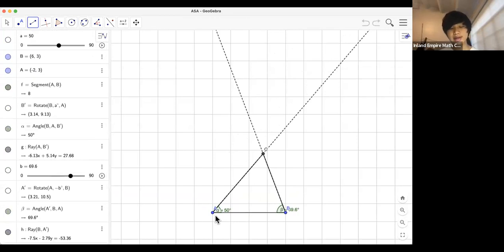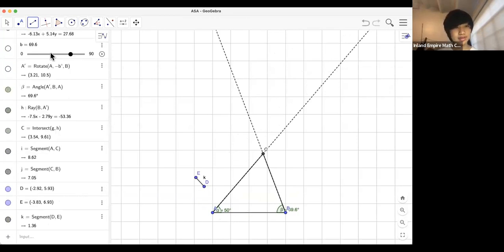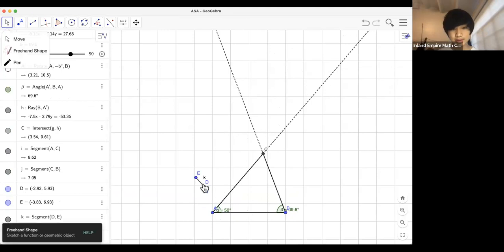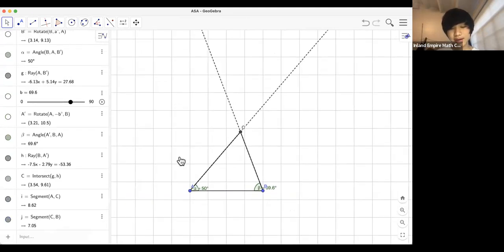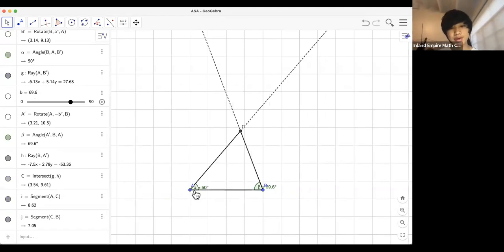So essentially, what angle, side, angle means is that you have a side here of a certain length, and you know what the length of this side is, right? We also know the angles that come out of each of these sides. And what that means is that there's actually only one triangle possible here as well, right?